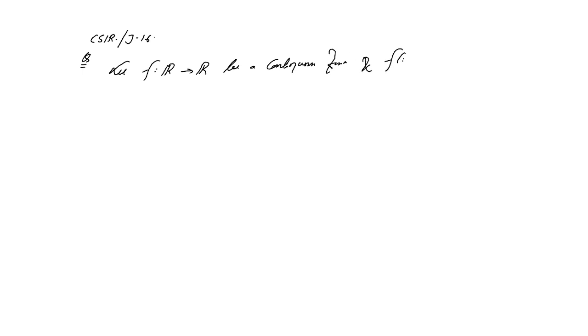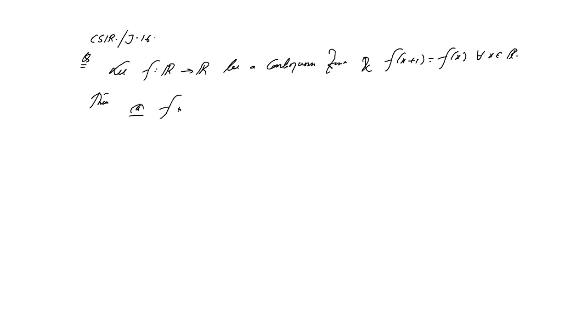Based on this result, one question was given in the CSIR Mathematical Sciences NET examination, June 16. The question is like this: let f: R → R be a continuous function and f(x + 1) = f(x) for all x belongs to R. Then which of the following is true?